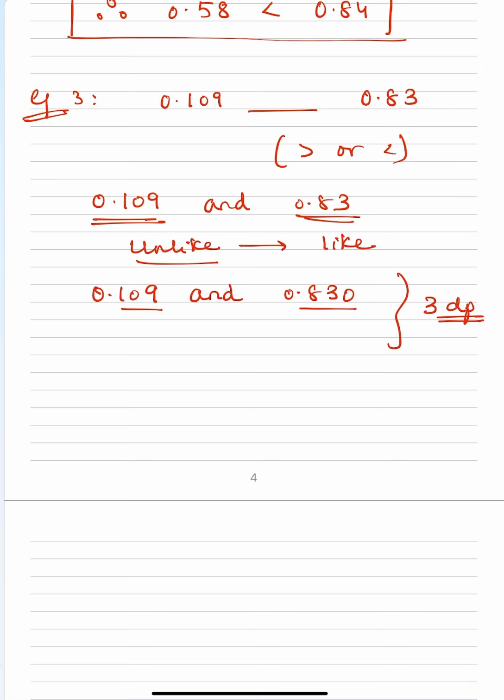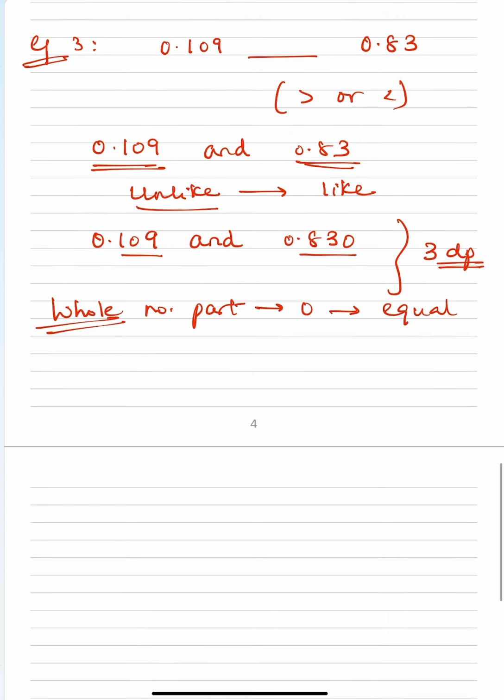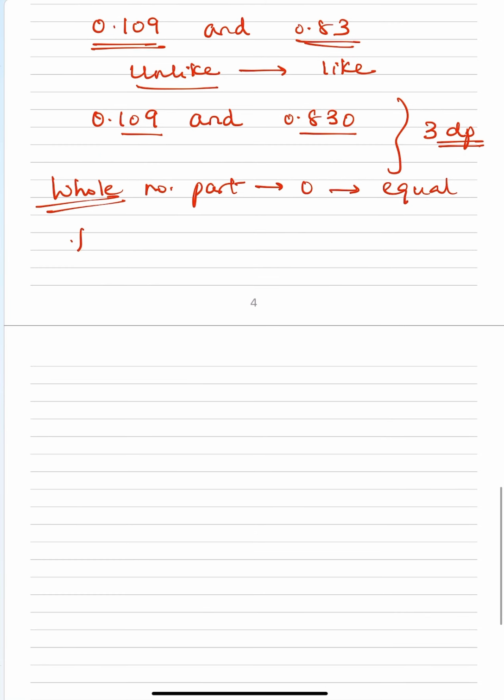Okay, now let us compare the whole number part first. What is the whole number part? That is 0 and it is equal. So we can't do anything with it. Let us go to the tenths place. Here it is 1 and 8. Now no need to go to the hundredths place. From here only we can decide, 1 is less than 8.